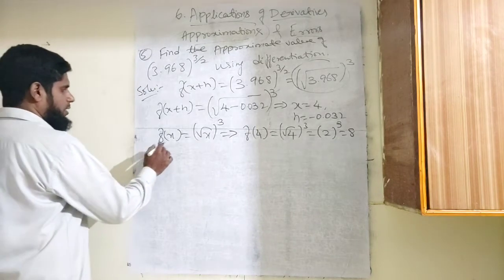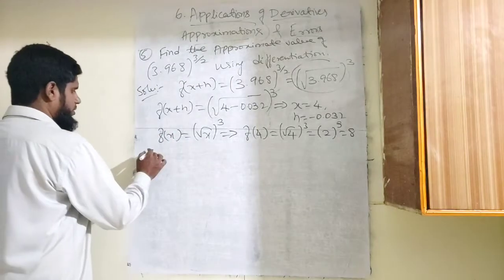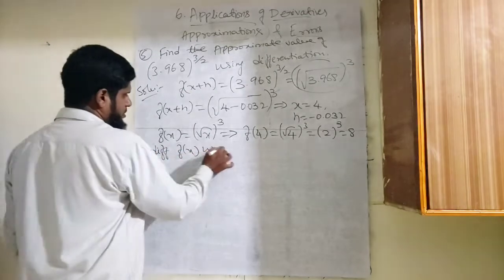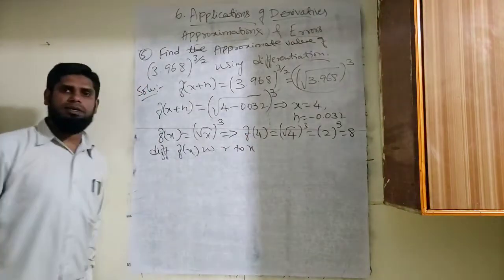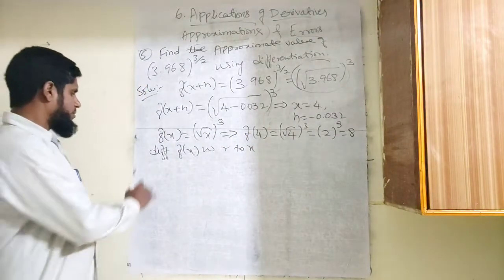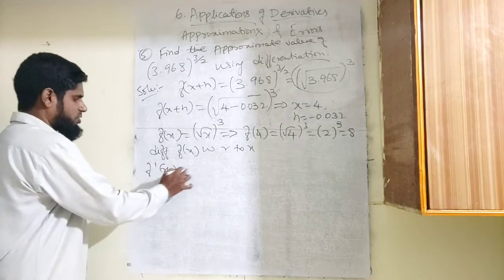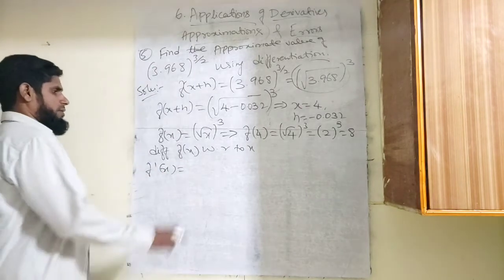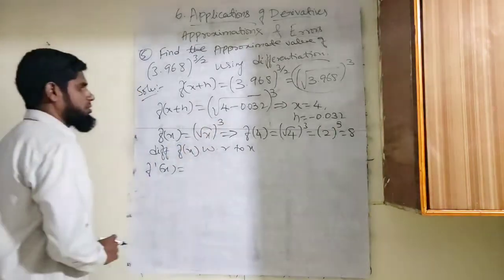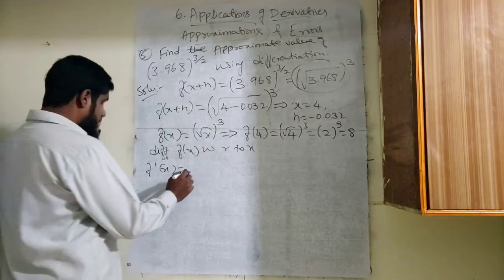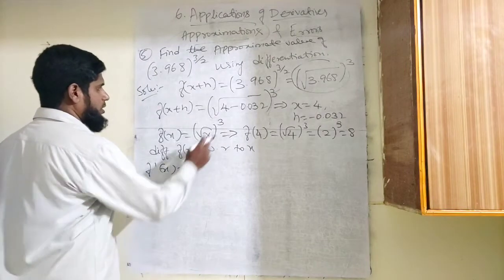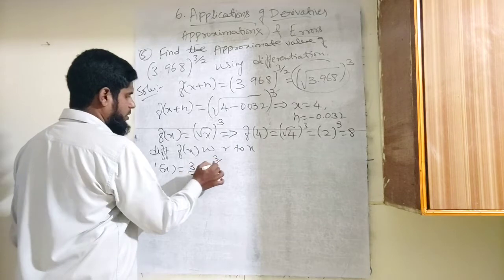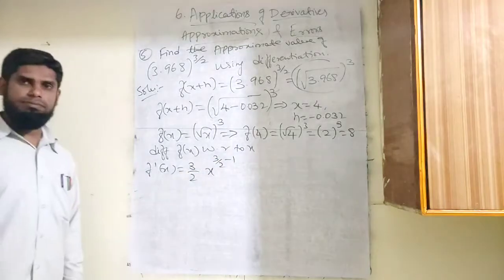After this, let me find its derivative. Differentiate f of x with respect to x. f dash of x is the derivative of x power 3 by 2, which is 3 by 2 x power 3 by 2 minus 1.